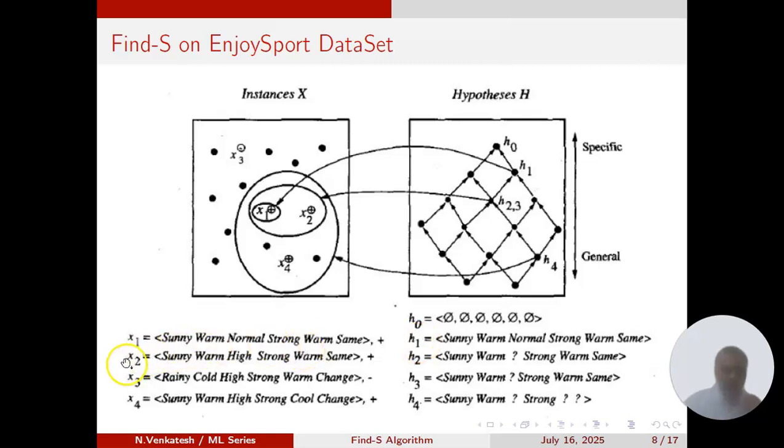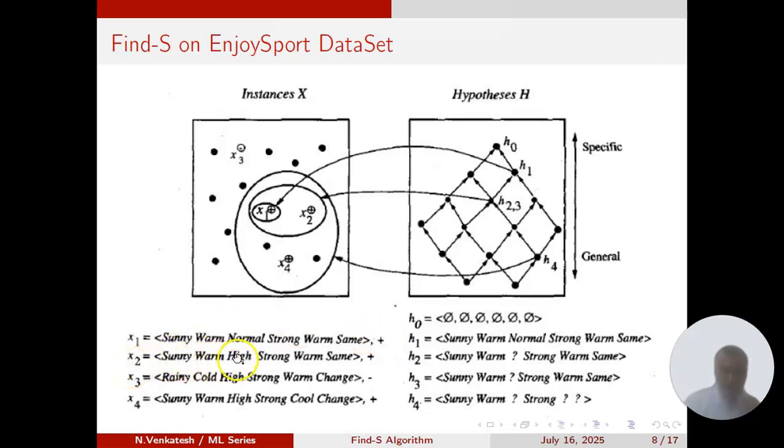Now consider a second example x2. Hypothesis h1 does not cover x2. The reason is the wind speed is high here. By considering the x1 and x2 examples, you can see that x1 is saying that when the wind speed is normal, he enjoys a water sport.